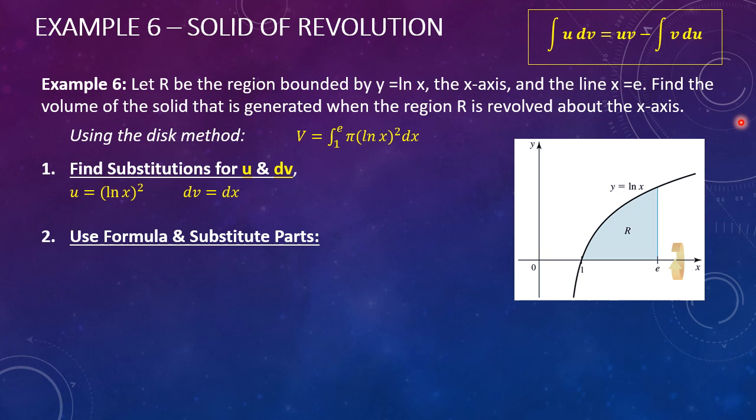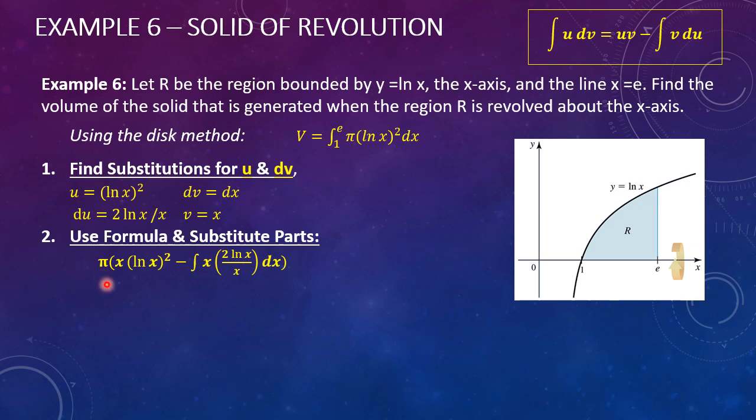And so I'm just going to find du, which, using the chain rule, is 2 times the natural log of x over x. And the integral of 1 dx is simply x. So now I'm just going to plug this into my formula here. Now I have to remember that I've pulled pi out in front here, so I need to multiply the entire thing by pi.